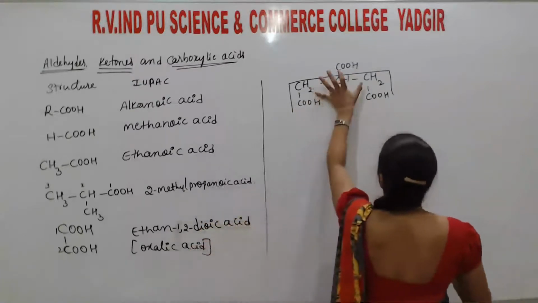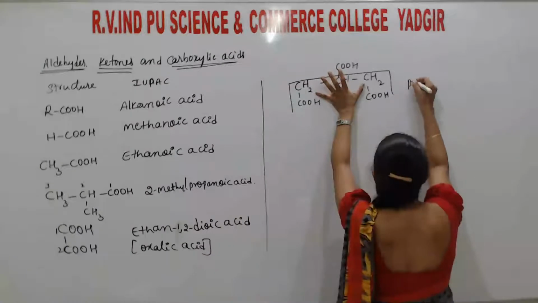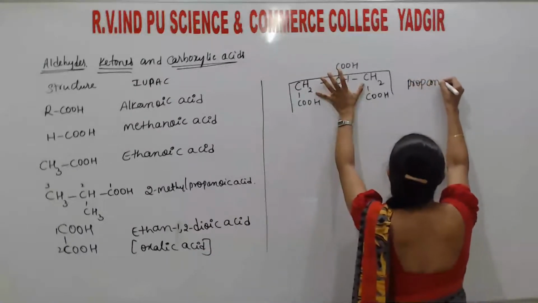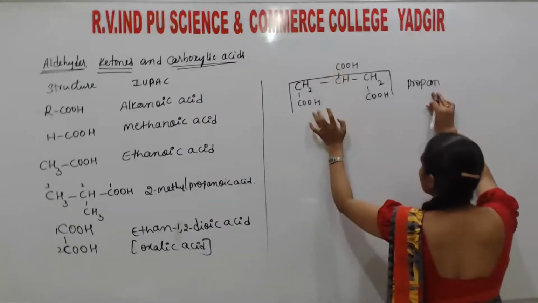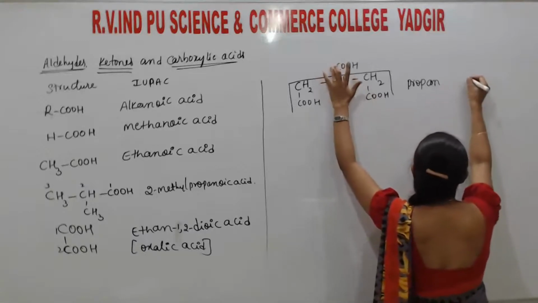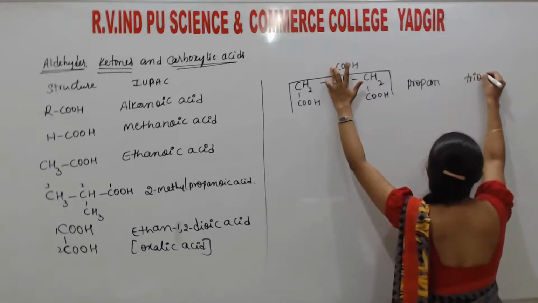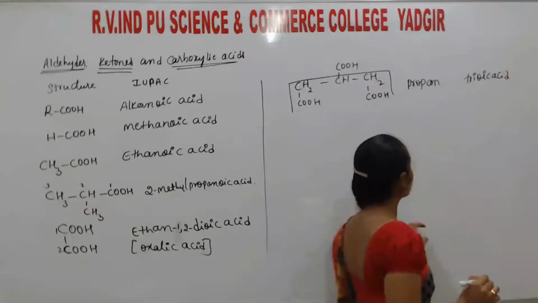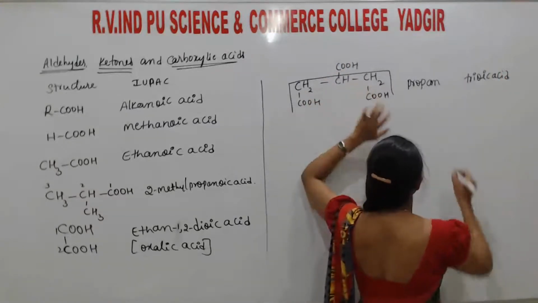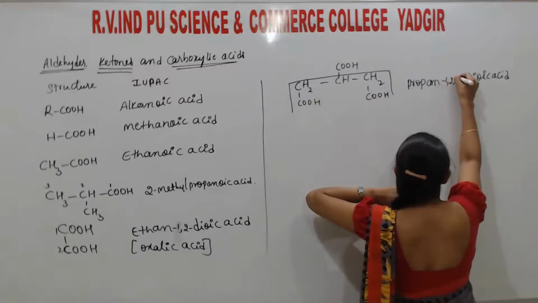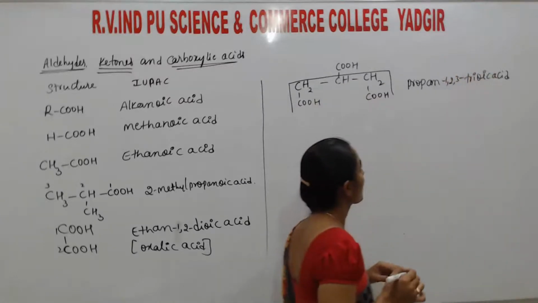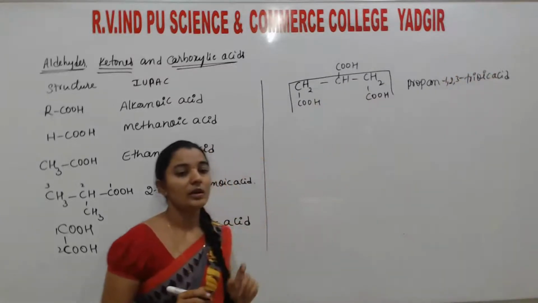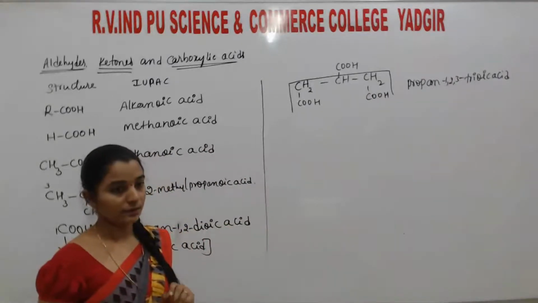This is 1, 2, 3, propane. The last e is replaced by tri carboxylic acid, that is trioic acid. What is the position? 1, 2, 3. Propane-1,2,3-trioic acid.